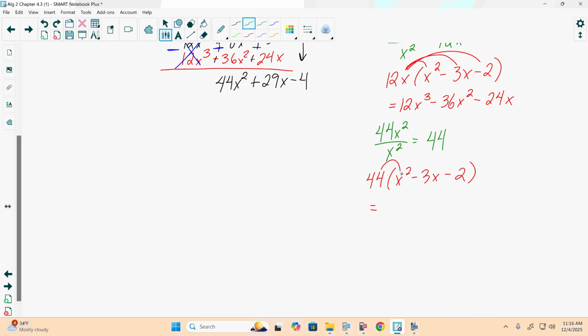Now our first multiplication is kind of nice. 44 times x squared as well, 44x squared. Now 44 times negative 3x, 44 times negative 3, 132x, yes. And lastly, 44 times negative 2 is negative 88.